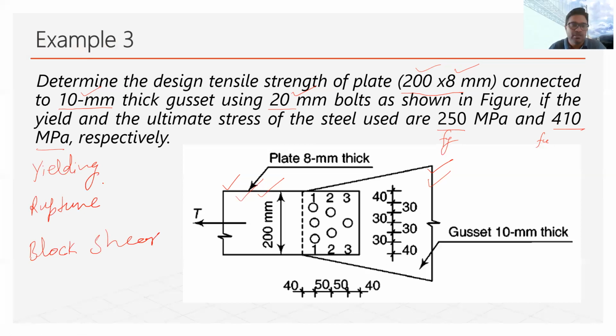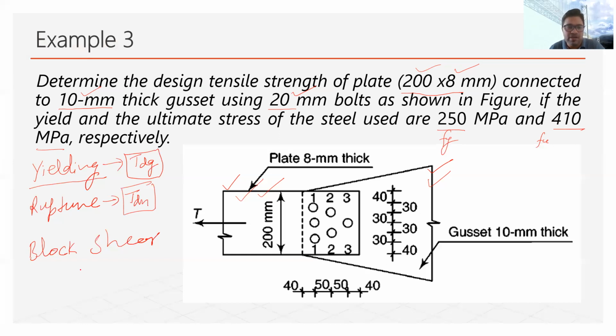To calculate the strength of the member in terms of yielding, we use the formula for TDG, which I have already explained. Similarly, the strength of the plate in case of rupture is TDN, and we already know the formula associated with TDN.